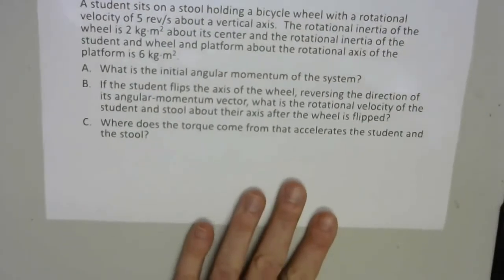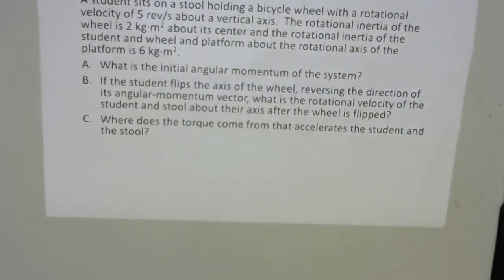Here's the last one. We've got a rotational velocity of 5 revolutions per second on a bicycle wheel. The rotational inertia of the wheel is 2 kilogram meters squared about the center. Rotational inertia of the student and the wheel about the platform is 6 kilogram meters squared.